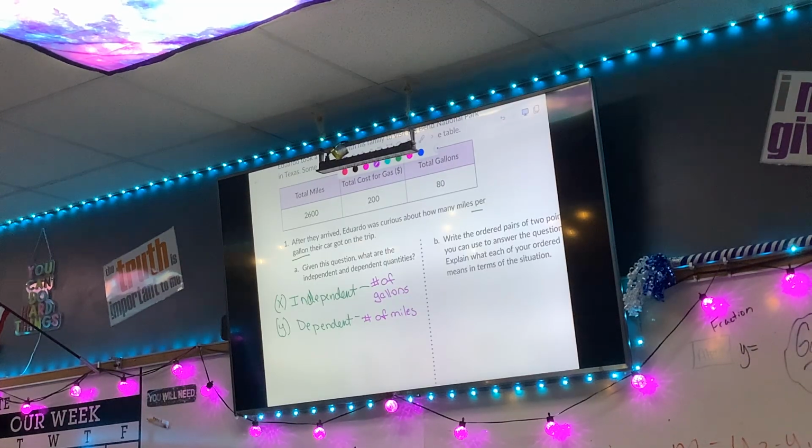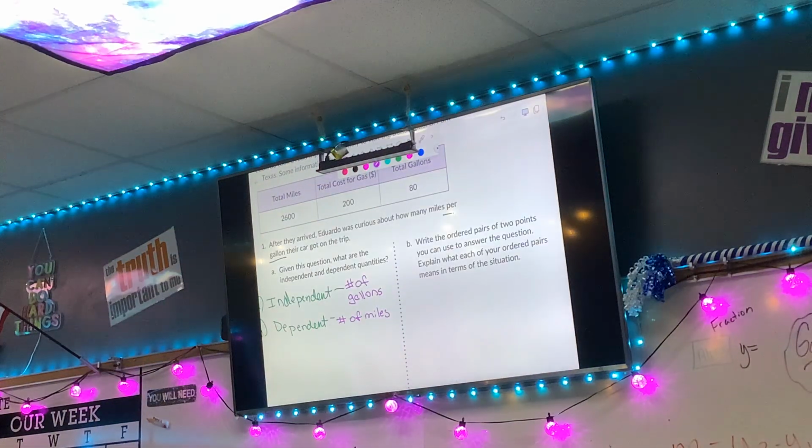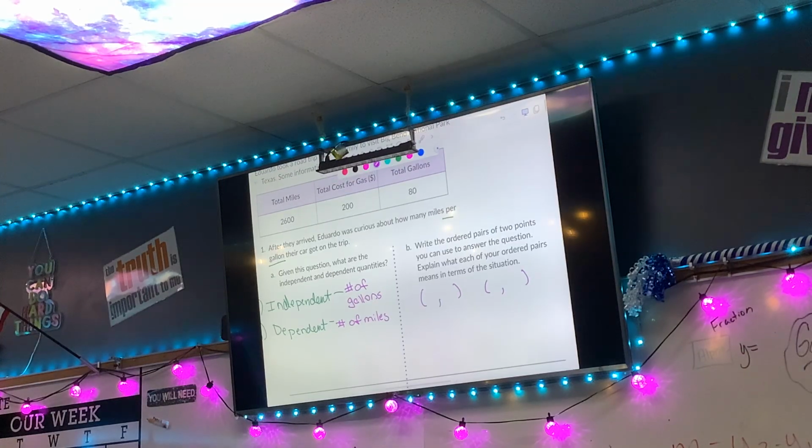Now it says, write the ordered pairs of 2 points that you could use to answer this question. Well, they only give us one. If I know my independent is number of gallons, don't I have 80 gallons? It tells me that in my table.